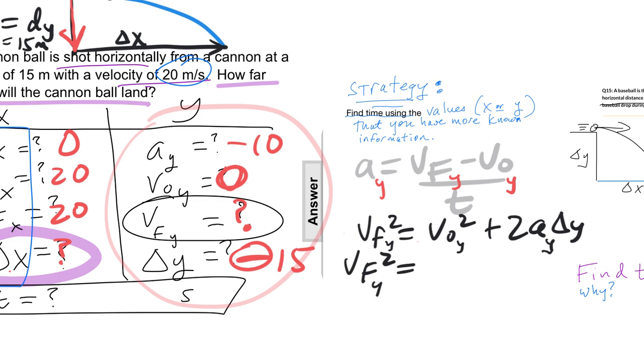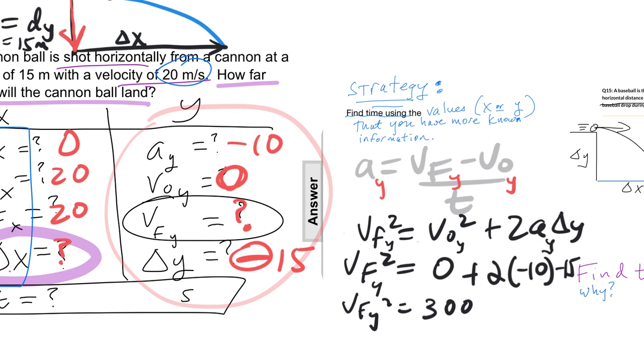So, what's VOY? That's 0. AY is negative 10, and delta Y is negative 15. So VFY squared is equal to 20 times 15, which is 300.